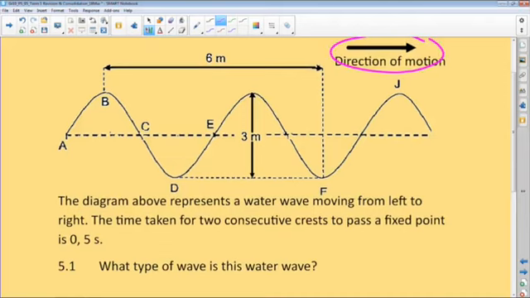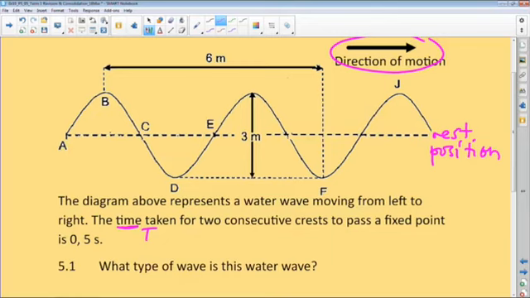Then this is our axis where there is zero disturbance, which we call the rest position. We've got different components there: your crests and troughs, your wavelengths, and then there are measurements that are given. It's very important to analyze the diagram very carefully. In terms of the diagram above, which represents a water wave moving from left to right, the time suggests something about T, which is the period.